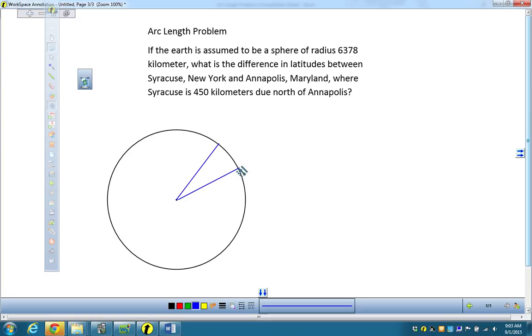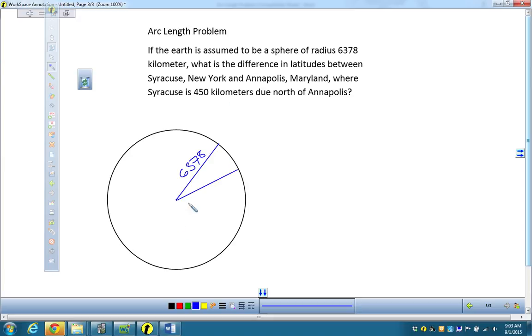They're above the equator, right? So this is kind of an exaggerated picture of it. And they say that this radius is 6,378. And then Syracuse is 450 kilometers due north of Annapolis.